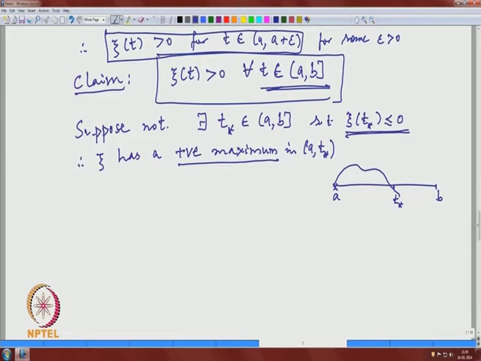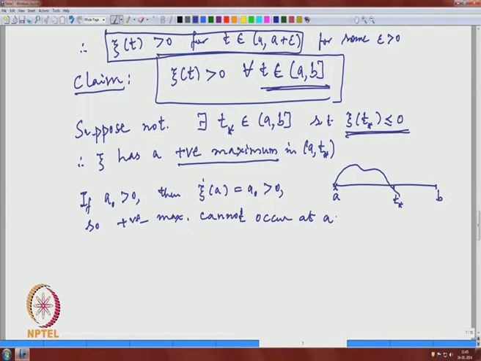So, if a0 is positive, then J dot a is a0, positive. So, a positive maximum cannot occur at a.